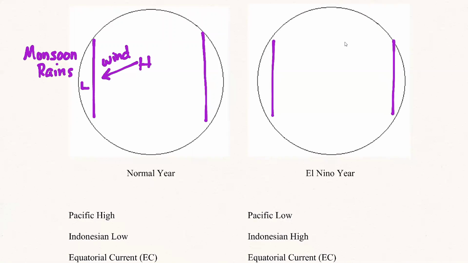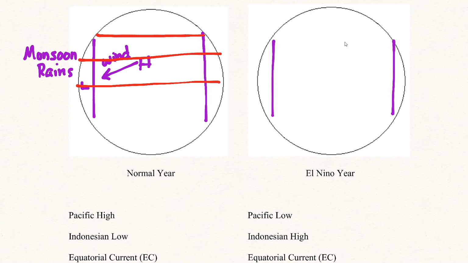Let's now go ahead and draw in some of our latitudes. Here's the equator. Here's the 30 north, the 60 north, and then of course the North Pole. Well, what type of winds do we have between 0 and 30?